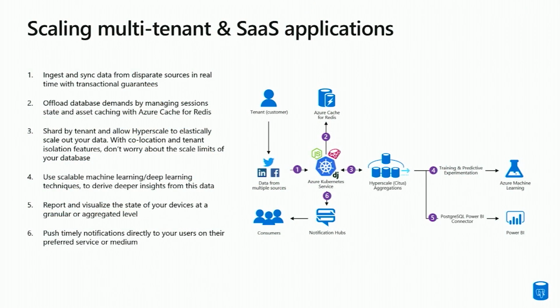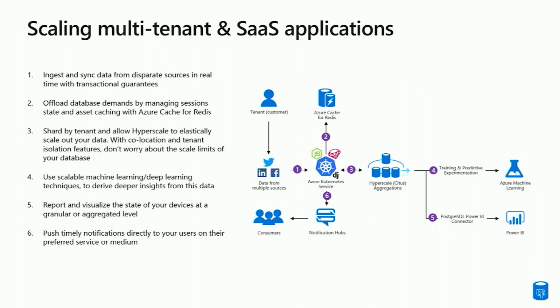And then, of course, what are the benefits of building these multi-tenant applications in the Azure ecosystem? The biggest benefit is that Hyperscale Citus solves the problem of scale for multi-tenant SaaS apps, and Hyperscale Citus has a very good integration story with the Azure ecosystem. For example, in the reference architecture, you have AKS, Azure Kubernetes Service, which is compatible with Hyperscale Citus, and you can run multiple app platforms like Ruby, Django, and .NET on the Kubernetes service.